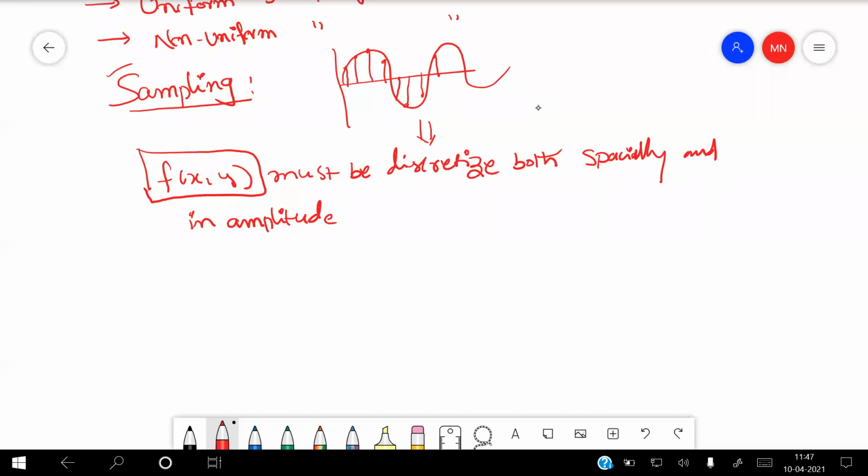The amplitude should also be discretized. So both spatially and in amplitude it should be discretized. That means the definition: an image f of x comma y must be discretized both spatially and in amplitude.